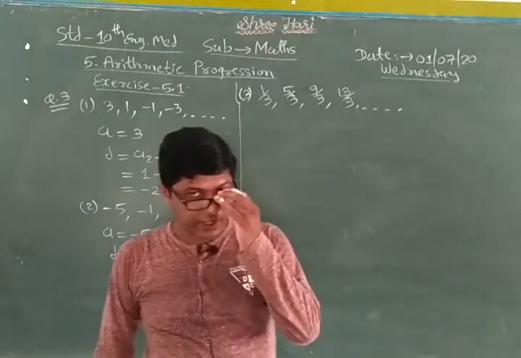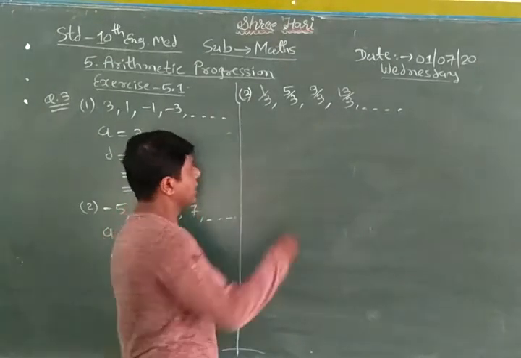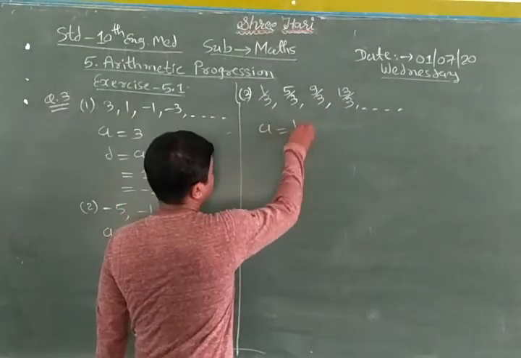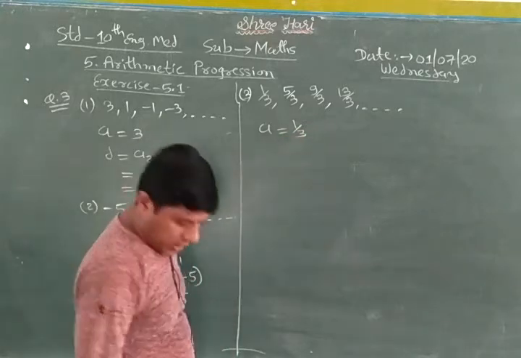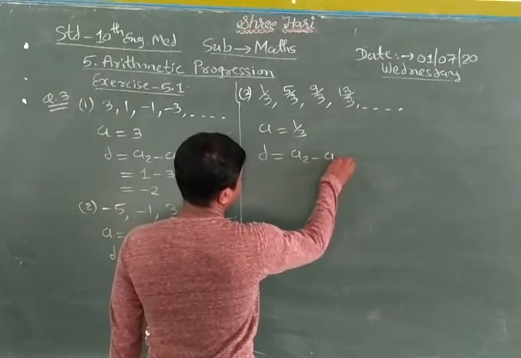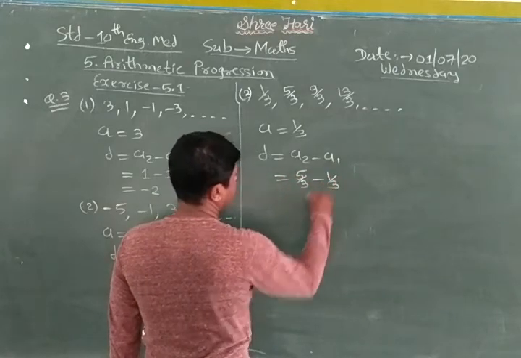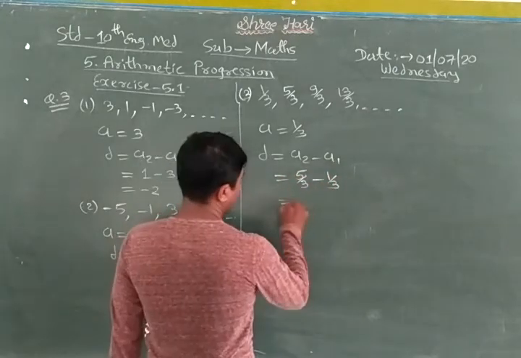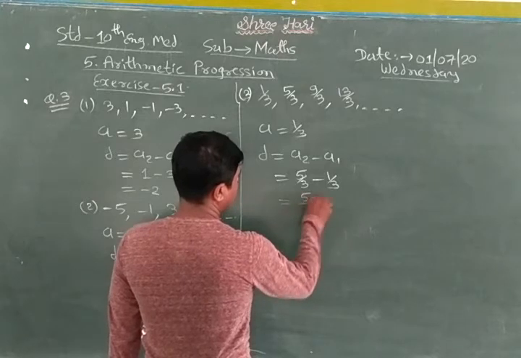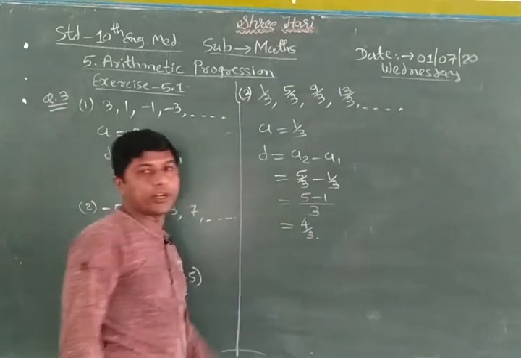Find the first term of the arithmetic progression. First term A is equal to 1 by 3. Now D is A2 minus A1, 5 by 3 minus 1 by 3. 3 is the LCM, 5 minus 1, so 4 by 3. This is the common difference.